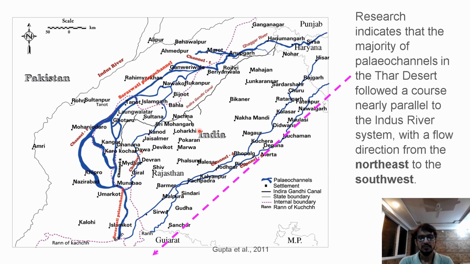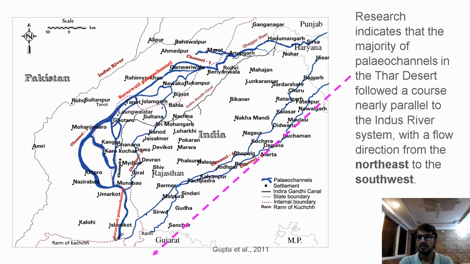Okay, so this is one of the studies on the paleochannels of the Thar Desert, which suggests that there were many paleochannels. Active rivers were there in the past, and they were mostly flowing in the same direction as the Indus, from the northeast to southwest, crossing the entire arid area of the desert and joining the Gulf of Kutch, the Rann of Kutch, and the Arabian Sea.